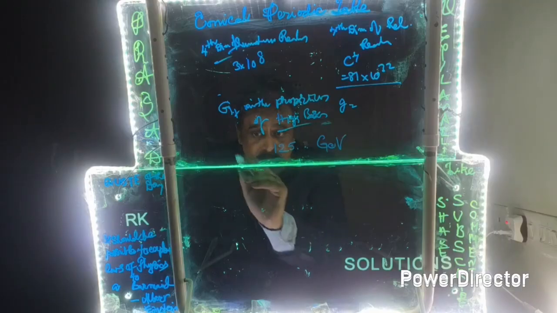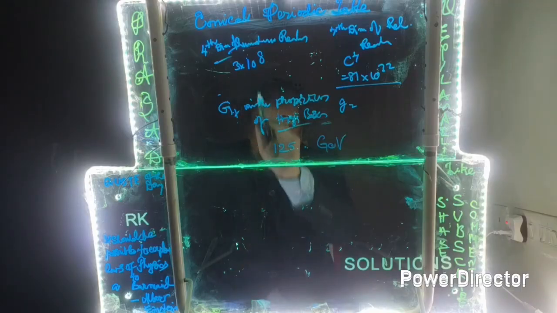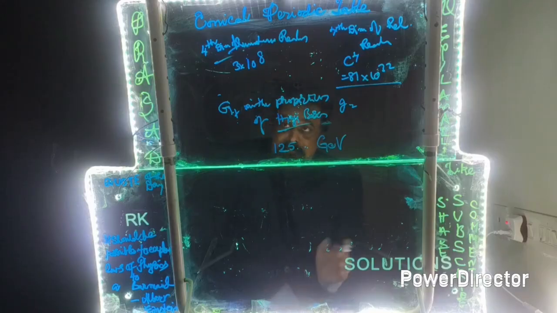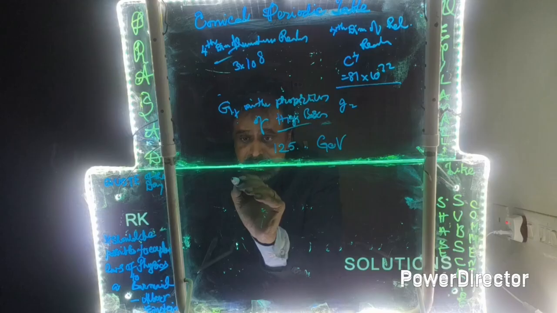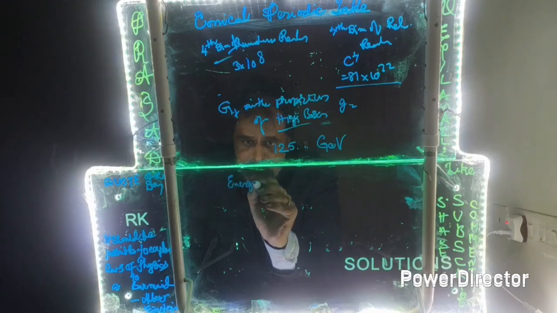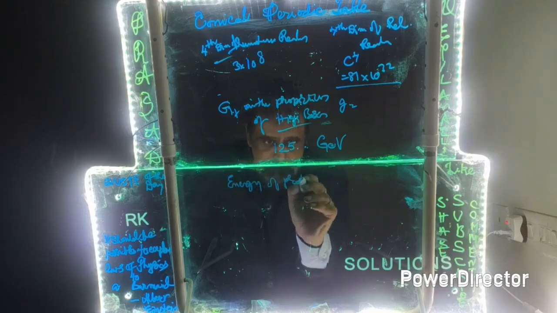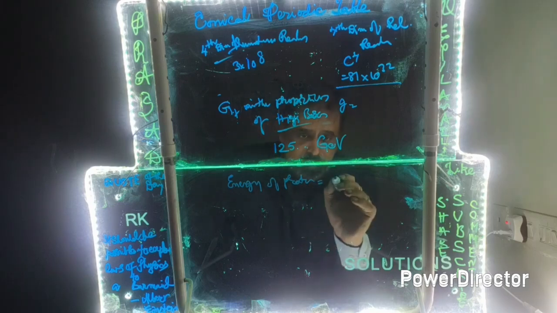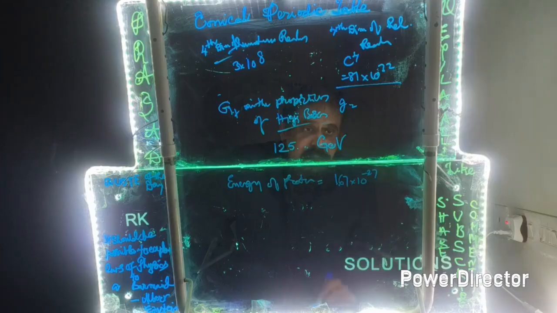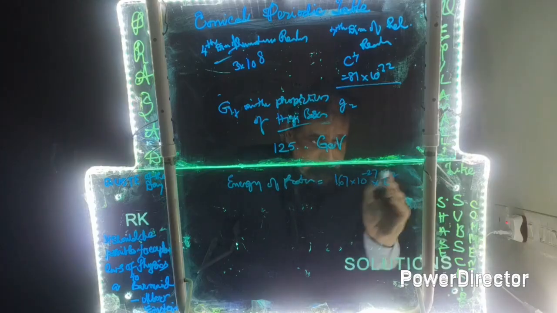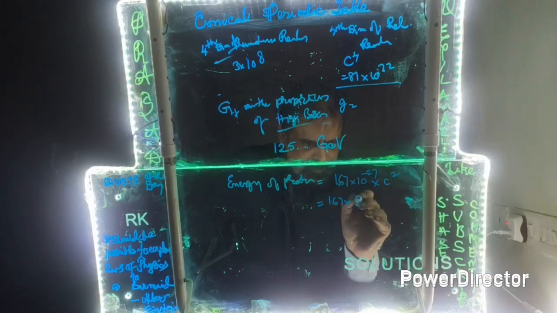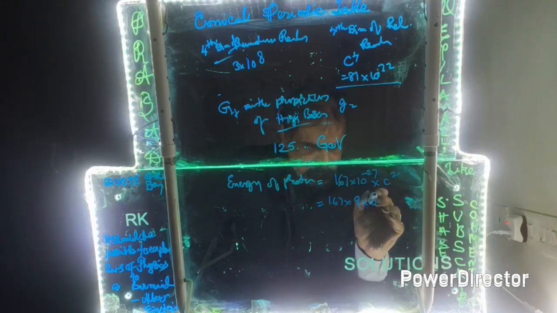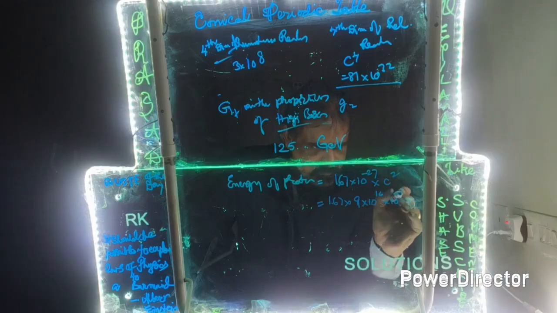And this graviton, if you compute the same way, I have come up with another way to compute this thing. Let us take the energy of a proton equal to mass 1.67 into 10 raised to minus 27 into c square, equal to 1.67 into 9 into 10 raised to 16, minus 27.